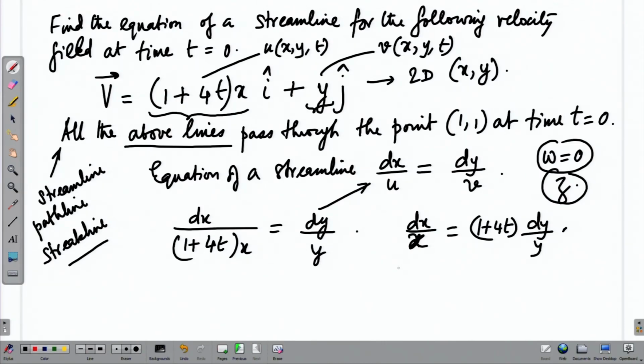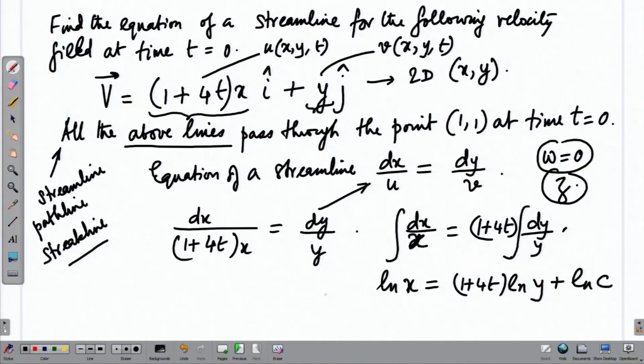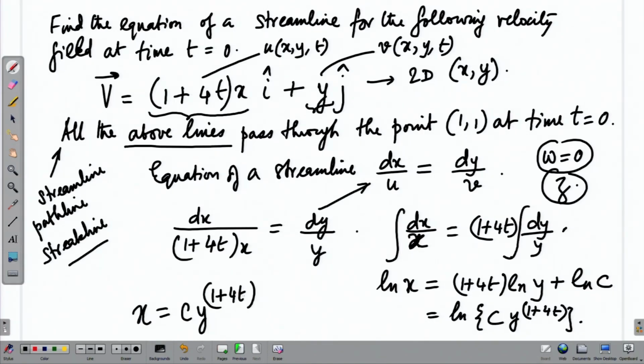When you integrate this, the 1 plus 4t is left outside the integral, you get natural log x equal to 1 plus 4t natural log y plus an integration constant, which basically means you have natural log of c y to the power of 1 plus 4t. Therefore, we can conclude that x is equal to C y to the power of 1 plus 4t.